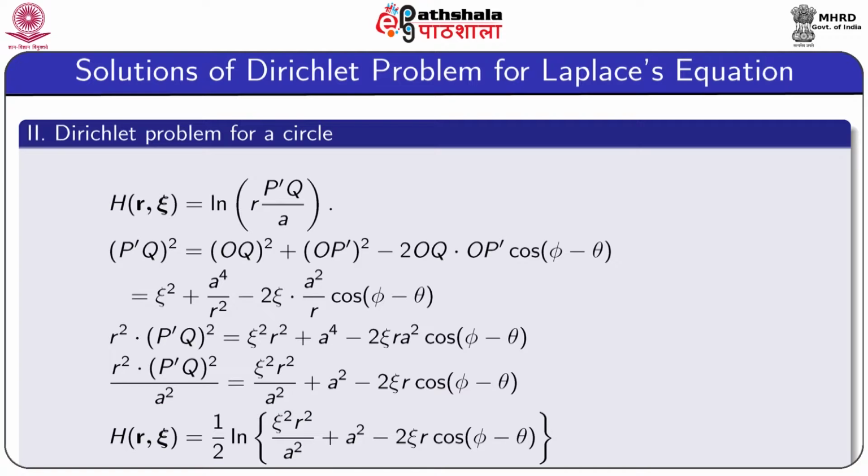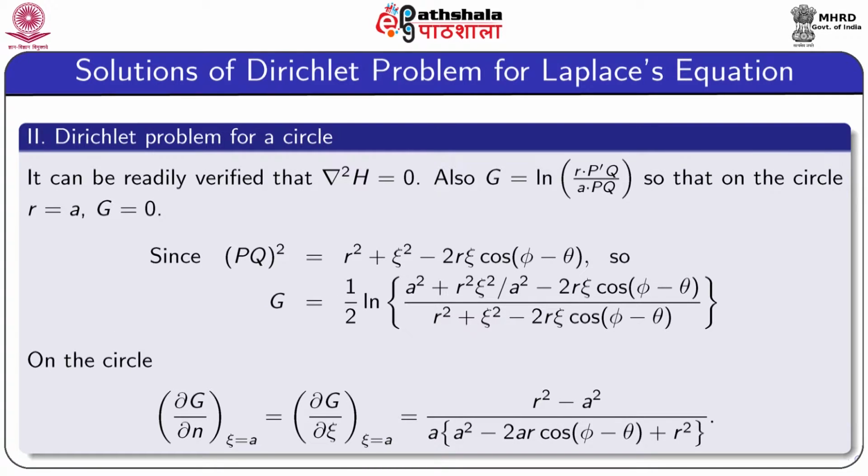Now, if we take the square root of that expression we obtain the expression for capital H as capital H is equal to half of log of xi square r square by a square plus a square minus 2 xi r cos phi minus theta. Now, with this expression for H, we can verify easily that Laplacian of H is equal to 0.